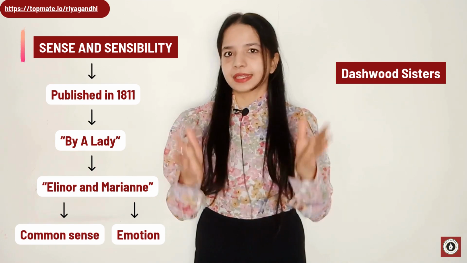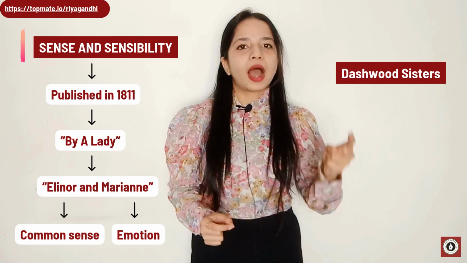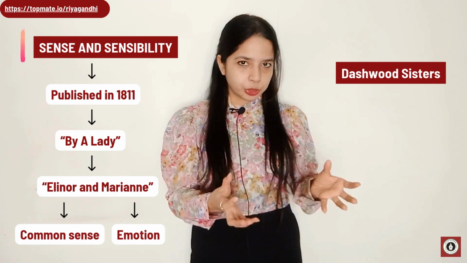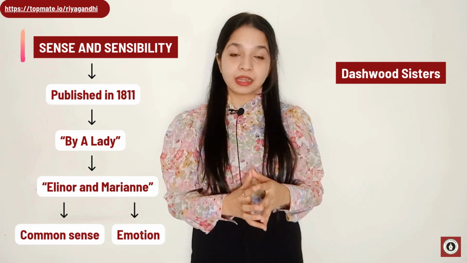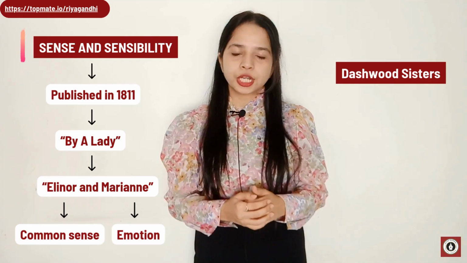Now, what happens in this particular novel is that the plot begins after their father passes away. And so the 3 of them, that is the Dashwood sisters and their widowed mother, are forced to leave their family estate and move to Barton Cottage.